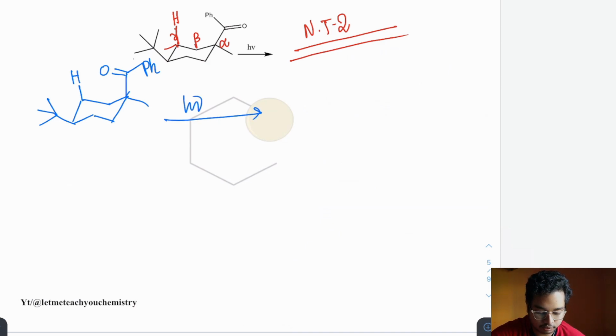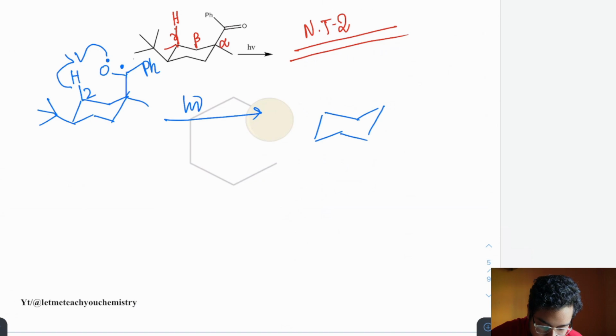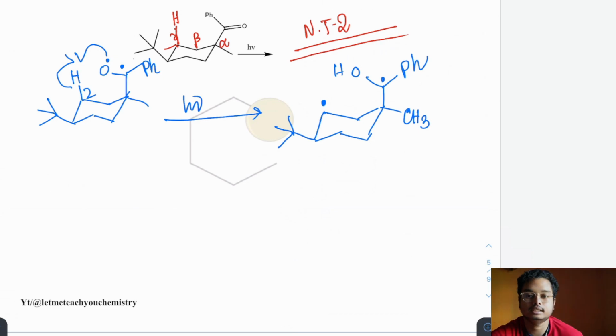So first in photochemical condition, this particular oxygen initially generates a radical. Okay, and then this will capture this hydrogen, leaving one radical in the gamma position. So after moving, the final product will be OH. Here is Ph and it will be intact. There's a tertiary butyl group here and this one radical and this one radical is generated.